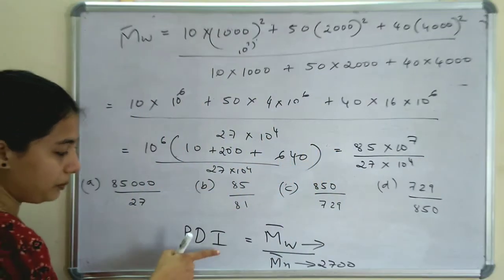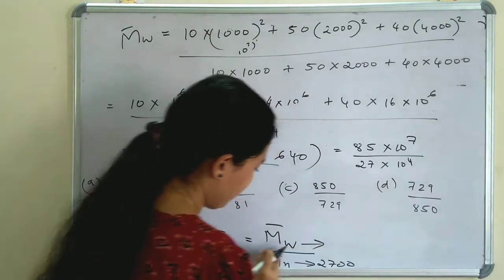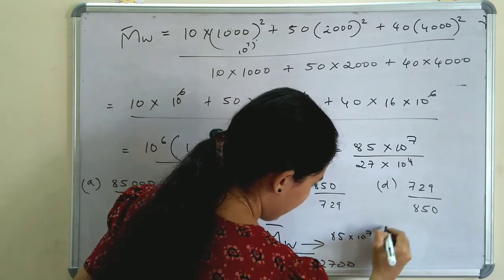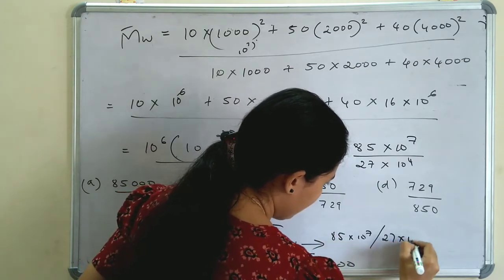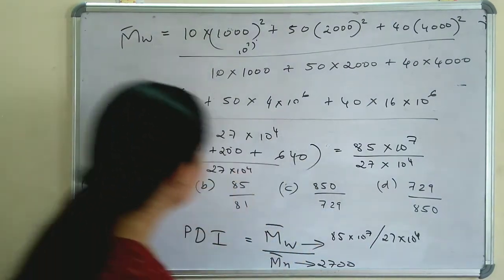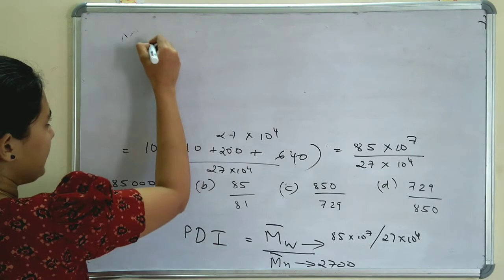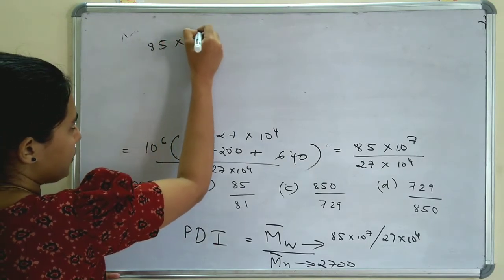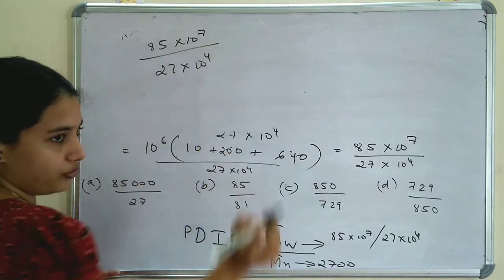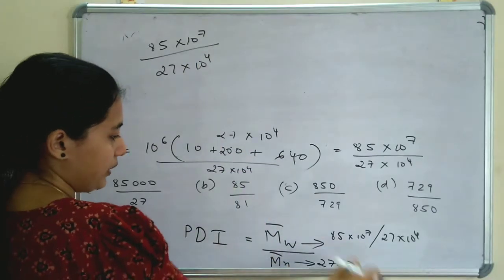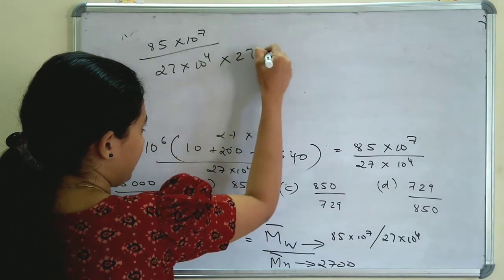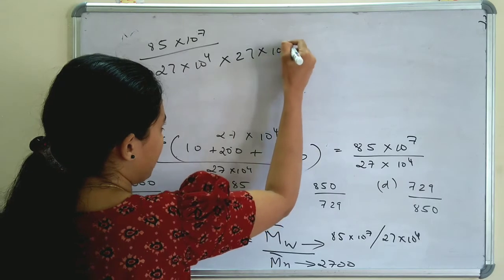So now we have to find PDI. Substituting, M bar w is 85 into 10 raised to 7 divided by 27 into 10 raised to 4. Now we have to divide these two values: 85 into 10 raised to 7 divided by 27 into 10 raised to 4, the whole divided by 2700, that is 27 into 10 square.